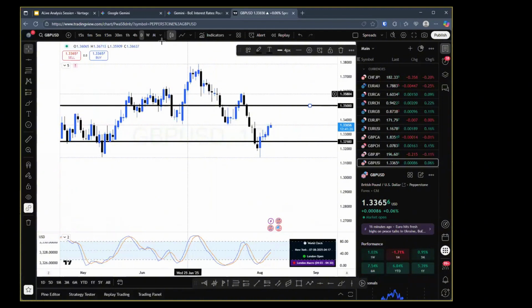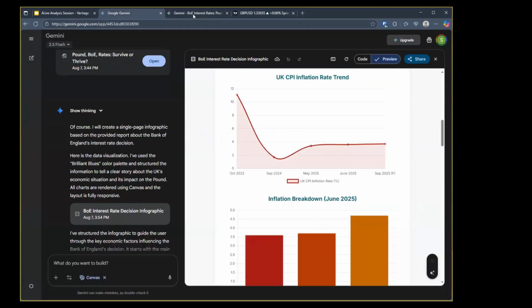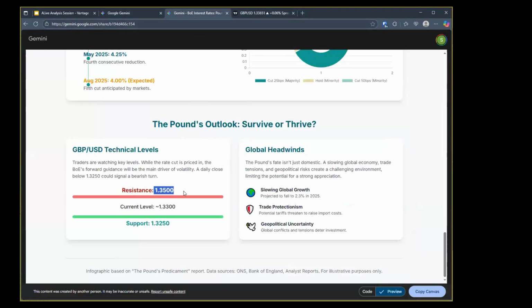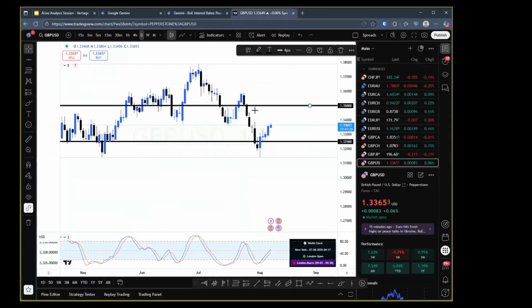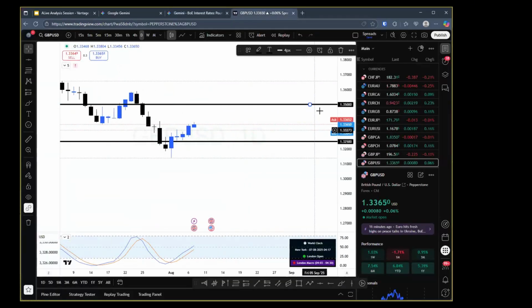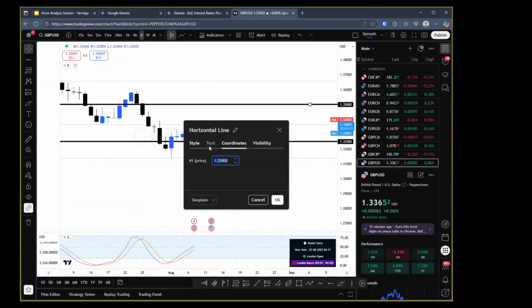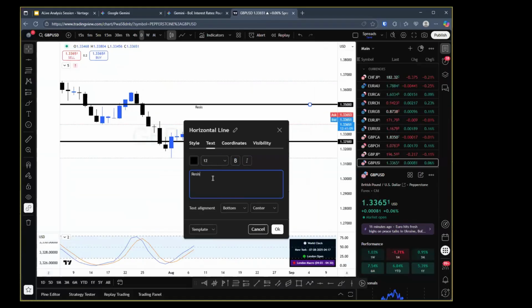Does it make sense? Sometimes your AI can hallucinate, so confirm it again. Resistance 1.35 and support is 1.325. These are the two key lines. I'm going to draw this and label it resistance, bracket Gemini.